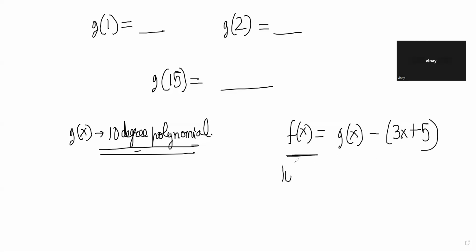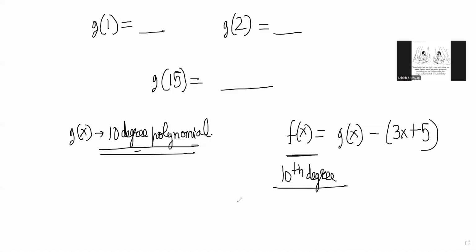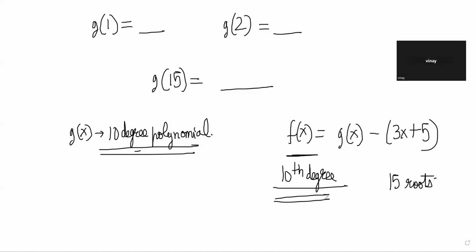Yes, sir. And how many roots are coming for f? 15 roots. Are 15 roots possible for a degree 10 polynomial? No, sir. So obviously f of x cannot have degree 10. It must have degree 15 at least for 15 roots.